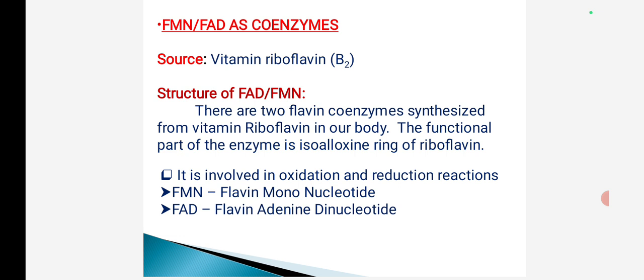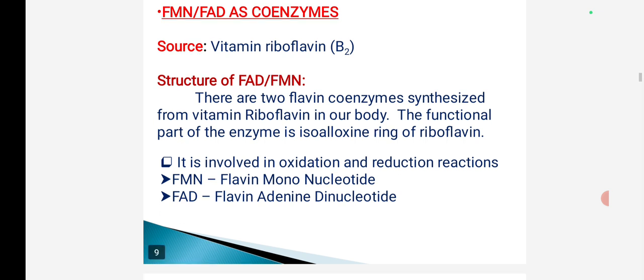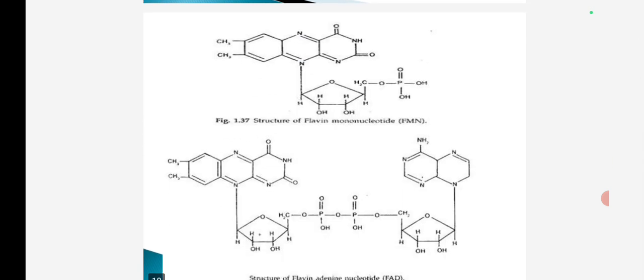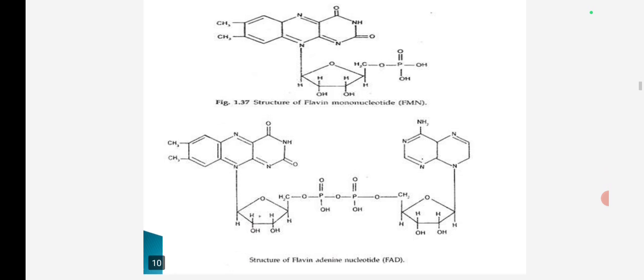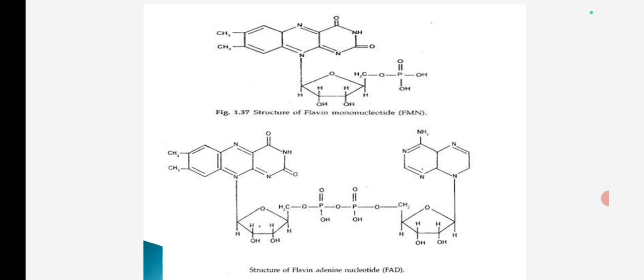The functional part of the enzyme is the isoalloxazine ring of riboflavin. It is involved in oxidation reduction reactions. FMN means flavin mononucleotide, FAD means flavin adenine dinucleotide.